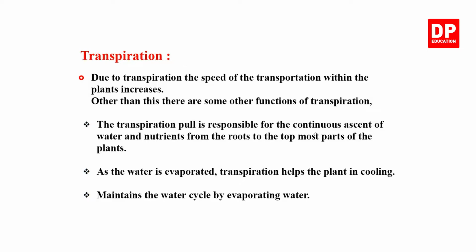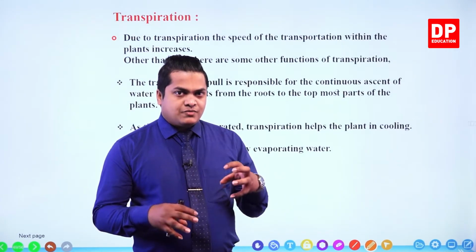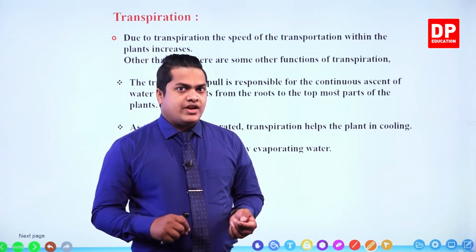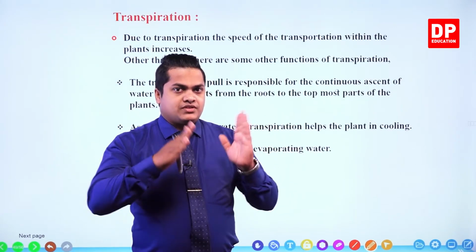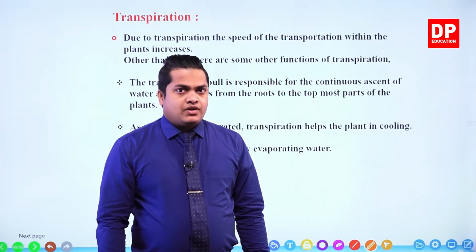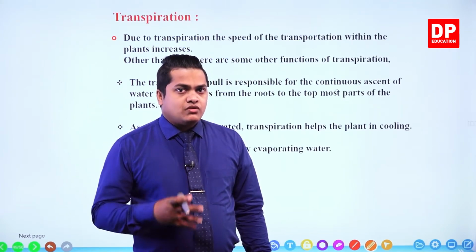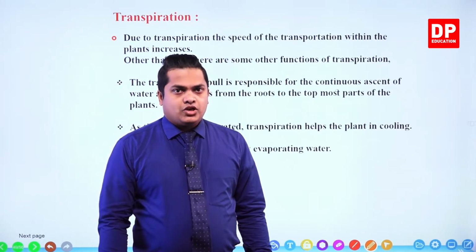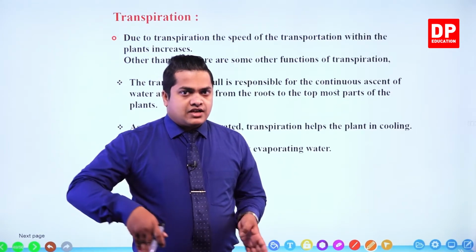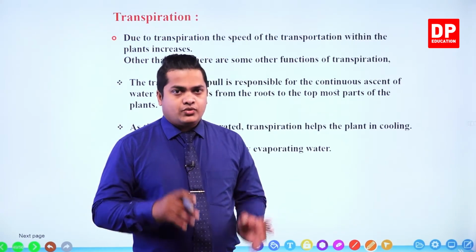Due to transpiration, the speed of transportation within the plant increases. I told you that upon the transpiration process, upon releasing water vapor to the environment, the rate of absorption of water by the roots also increases. In that way, the transportation process, the osmotic process and the diffusion process also increase.